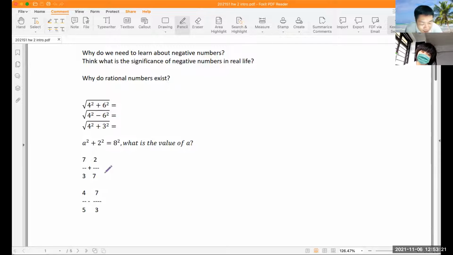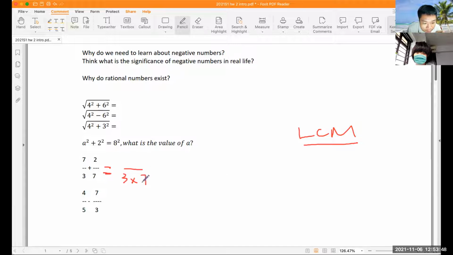So for addition of fraction, first step, you need to change to common denominator. That's the reason why you need to learn LCM, lowest common multiple. You understand now? Why you need to learn LCM? So for 3 and 7, the lowest common multiple is 21.